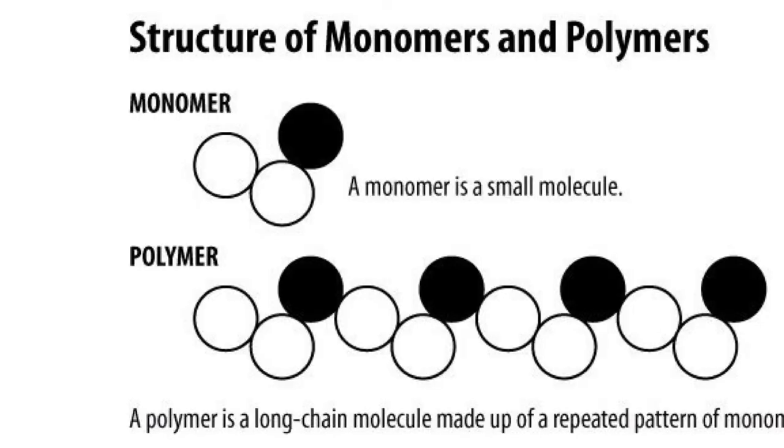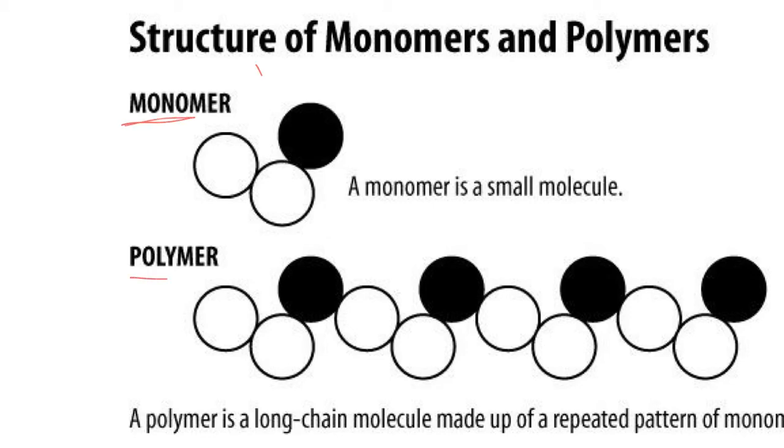So macromolecules can be broken up into their monomers, and monomers are the small individual molecule, and this small individual molecule gets repeated over and over again until it creates something called a polymer. You should know this prefix mono, that means one.